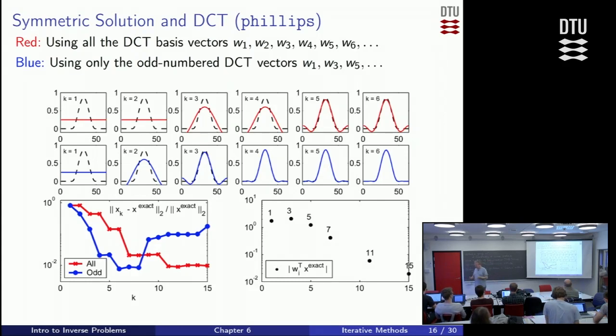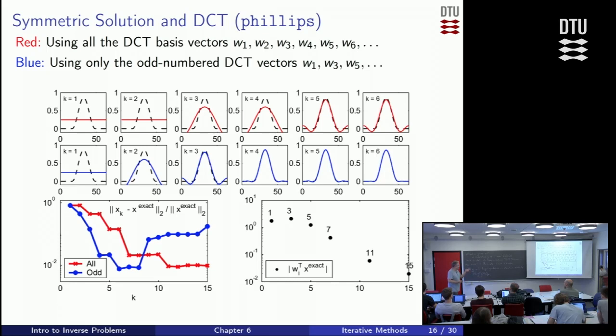The message here is just that it's illustrating that if you have extra information about the solution you're trying to compute, you can utilize that in the choice of your basis vectors in your projection method here. Right.